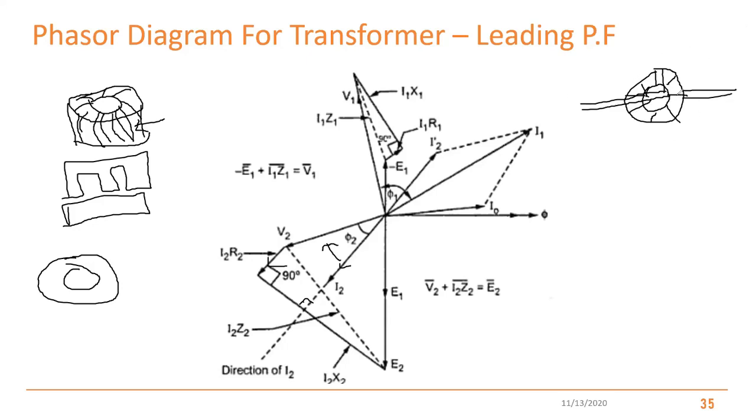Then this acts as a transformer, and that is the basic idea of a current transformer. So current transformers usually come in this kind of toroidal core shape.